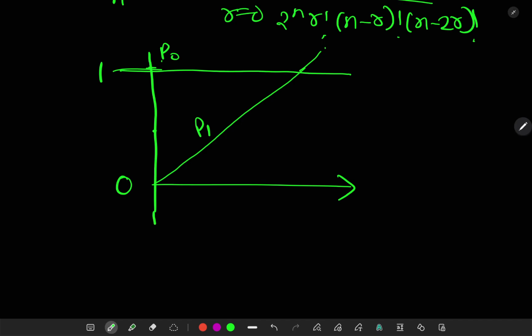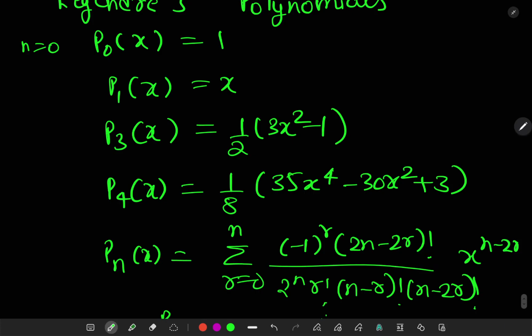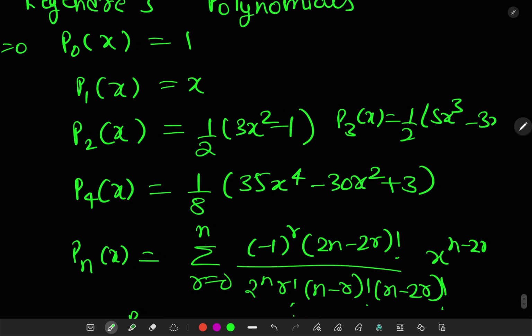Now for P2, this is P2, and P3 x equal to 1 by 2 (5x cube minus 3x).